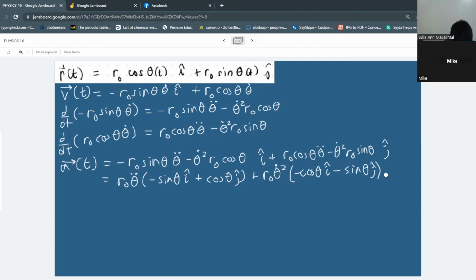Now, identify the cosine theta plus sine theta, that's r hat. So that is negative r hat. The first term is going to be r naught theta double dot, then theta hat. Squared, then minus.